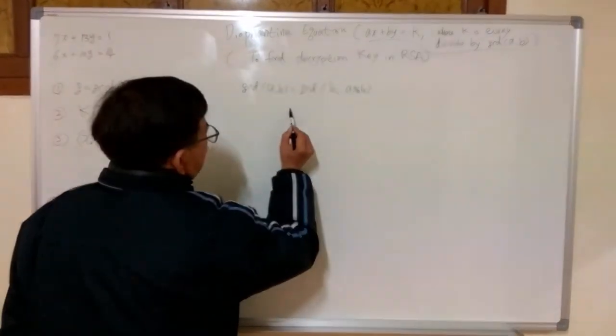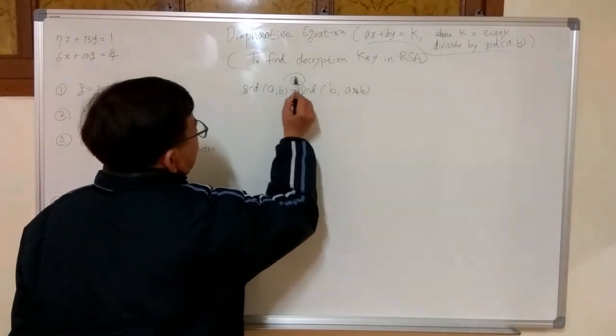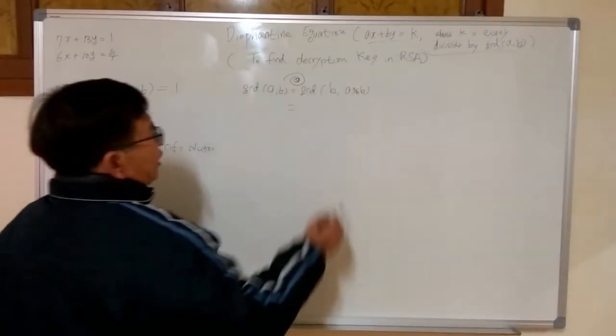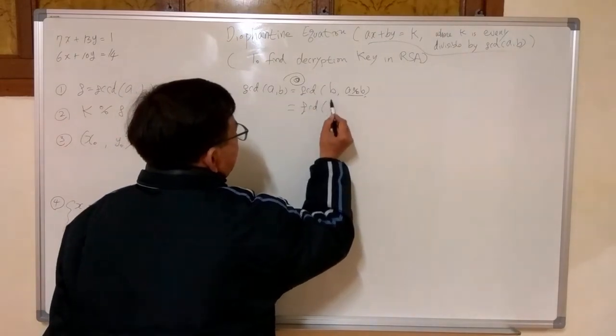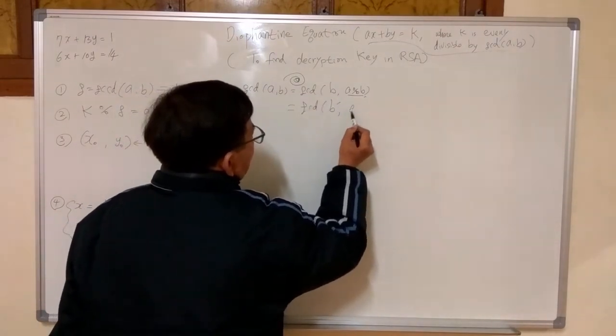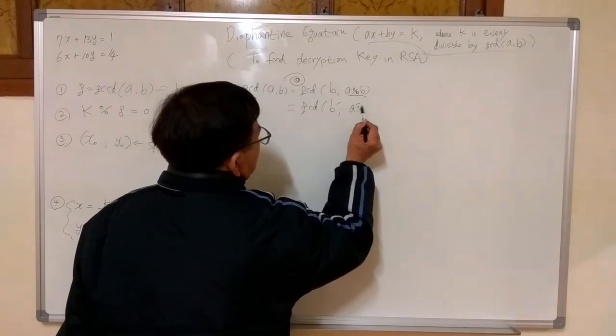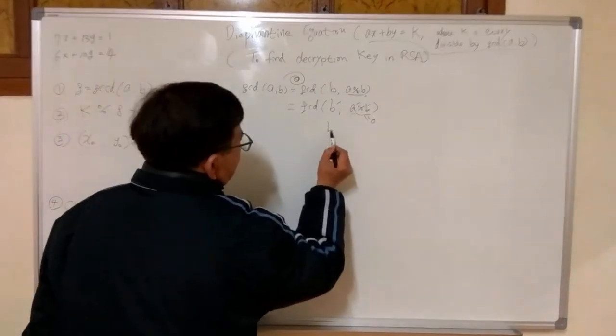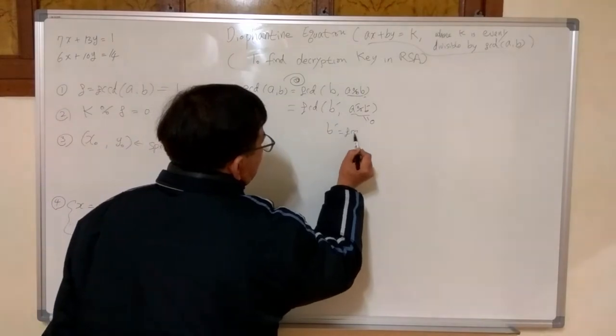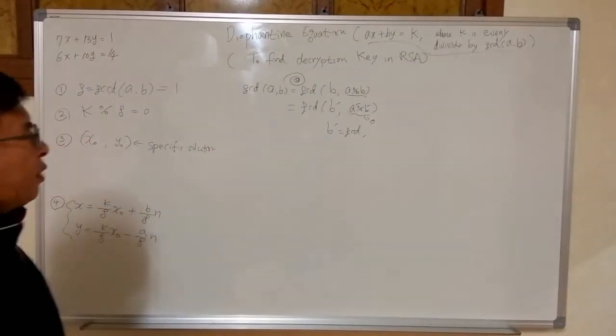The next step is we apply this rule repeatedly until it becomes 0. If it becomes 0, then B prime is the GCD. I will implement the C++ code first.